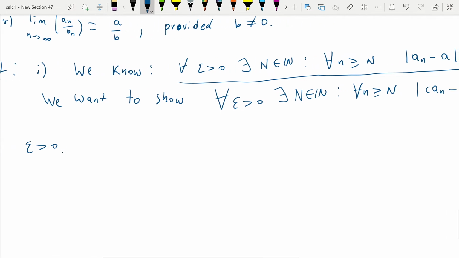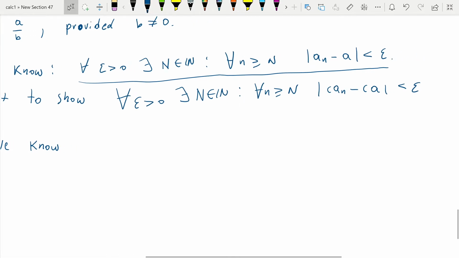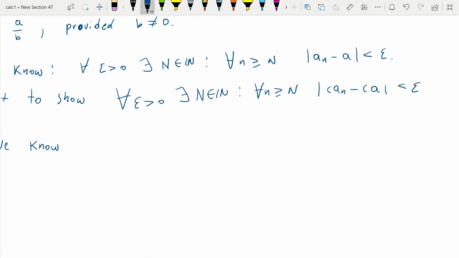Now we use the definition above. We know that for any epsilon greater than 0, this whole thing happens. But epsilon is anything. So we know that epsilon over c is an admissible number in this statement.